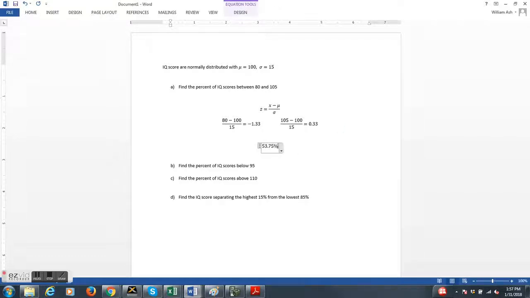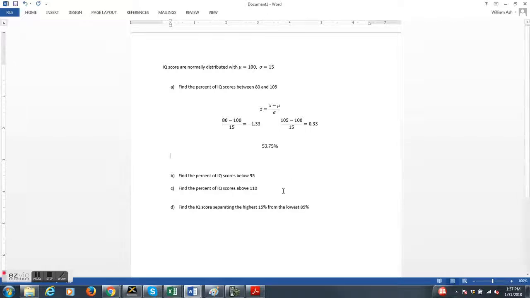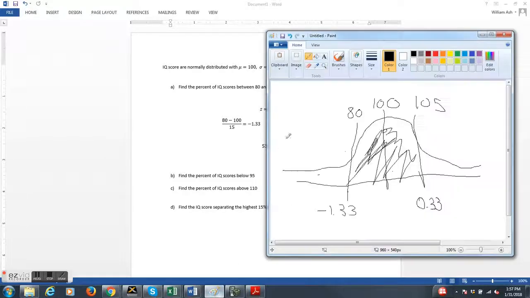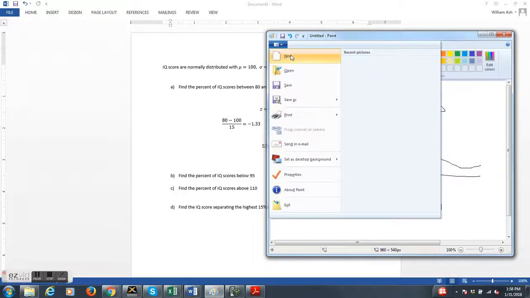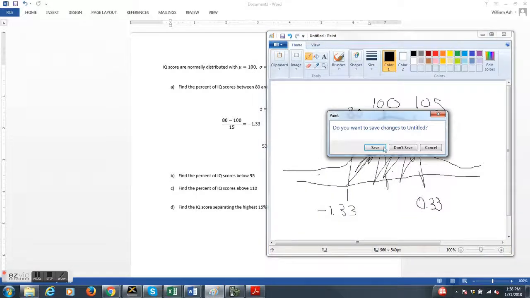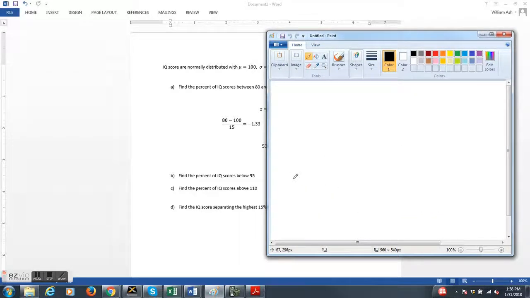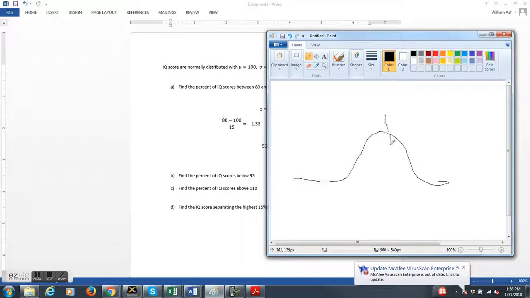All right. I'm going to find the percent below 95. So here's what I'm going to do. Same thing, but I want below 95, which will be over here somewhere, and I want less than it.